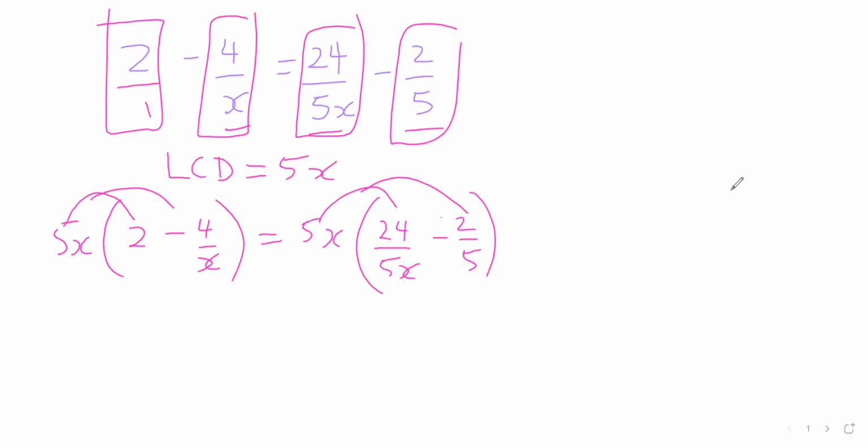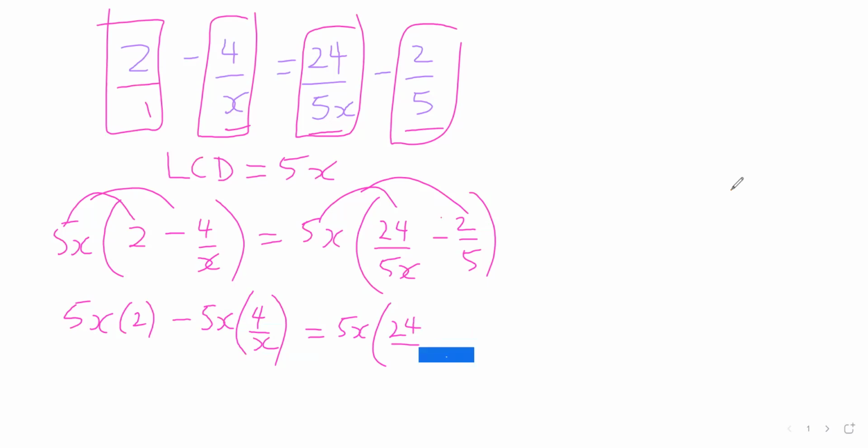So this brings me to 5x times 2, and then a minus. Again, I'm going to multiply 5x by the 4 over x. So 5x times 4 over x equals 5x times 24 over 5x, and then minus 5x times 2 over 5.